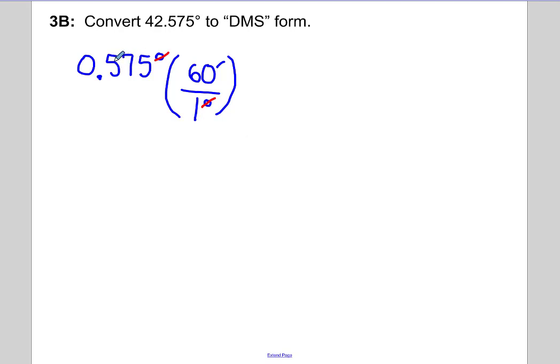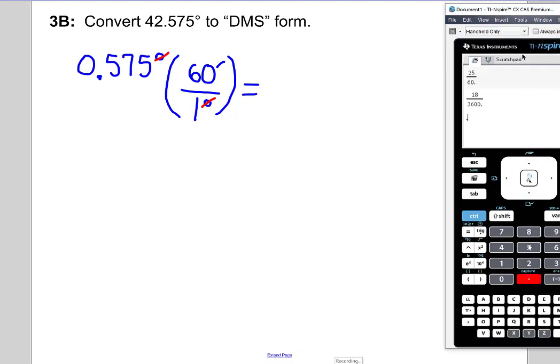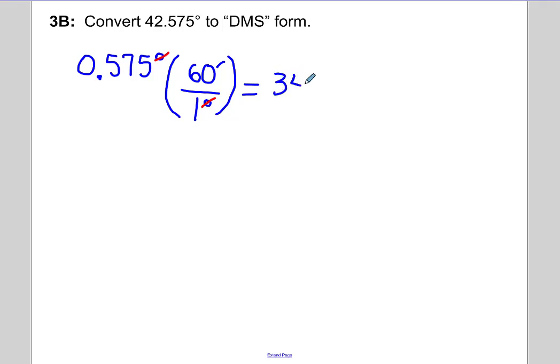So with our calculator, if you multiply 0.575 times 60, that's going to give us roughly the portion that is the minutes. 0.575 times 60 is giving us 34.5 minutes. So we have 34.5 minutes, but we just want the degrees as a whole number, so that's 42, and we want the minutes as a whole number, that's 34.